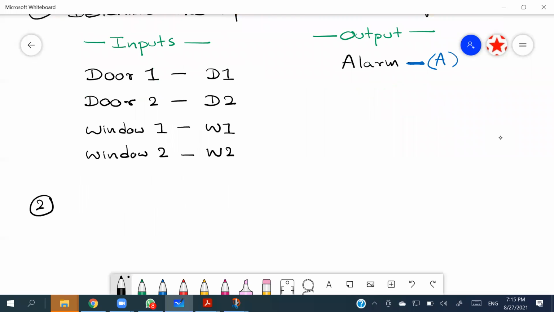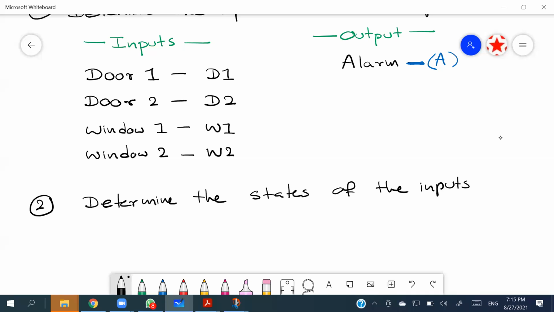So in the second point, we are going to determine the states of the inputs and outputs, mapped with ones and zeros.